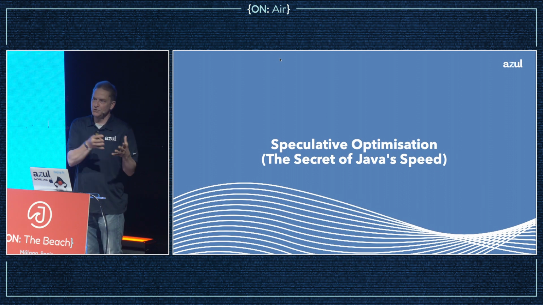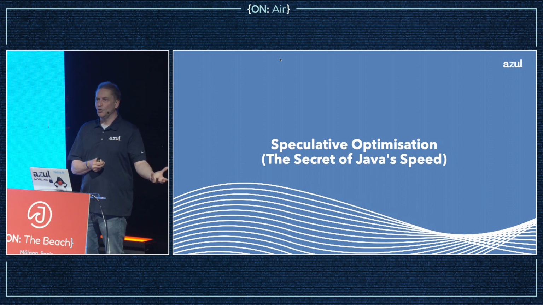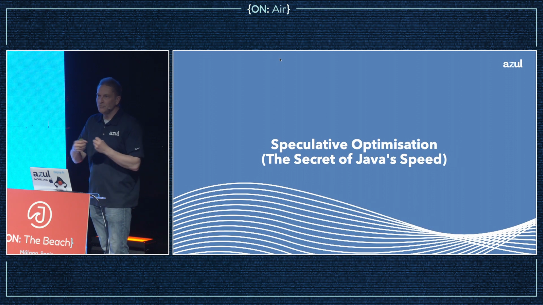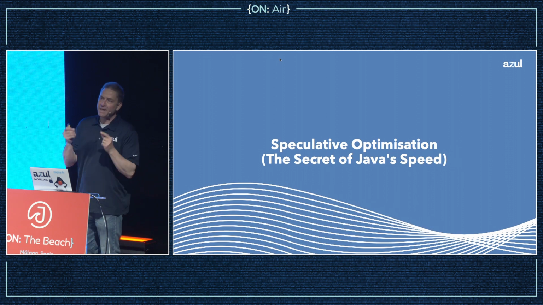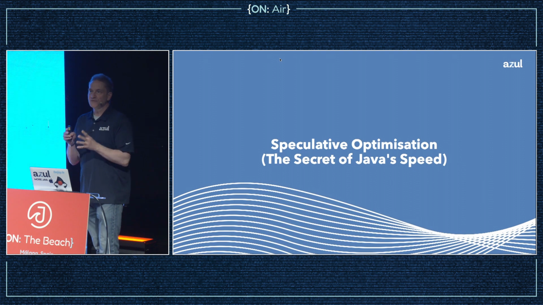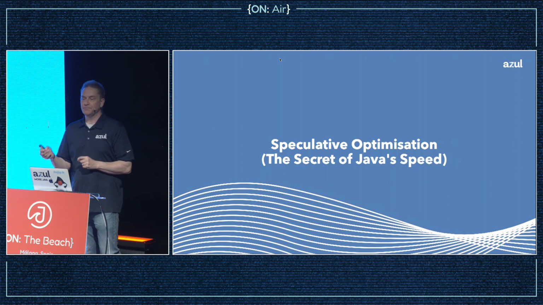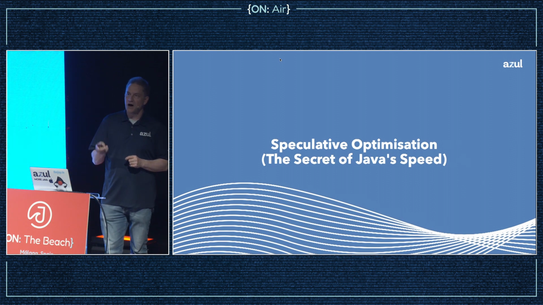Why don't we just use the same idea that we have with static compilation in C, C++ and other languages, take our Java code, compile it directly to native instructions for that platform, and then run it in the same way? And yes, that will certainly solve some issues, but it doesn't give you the best possible performance. Speculative optimizations are really the key to that. So let's talk a little bit more about that.